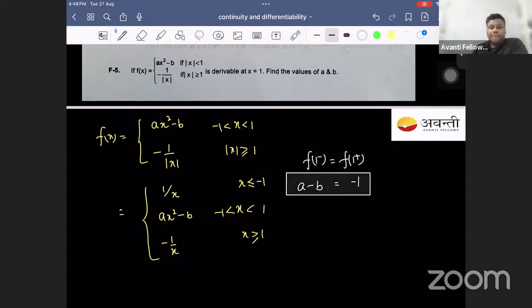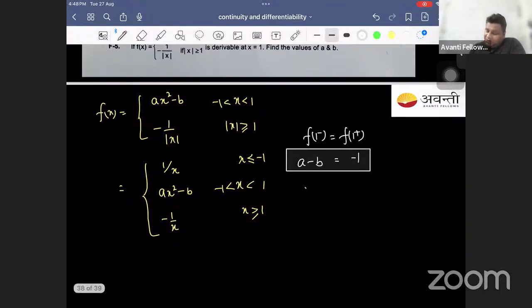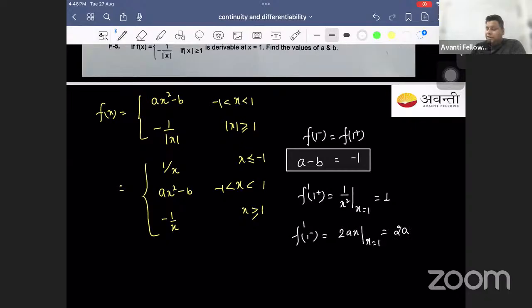Am I clear? Now, for differentiability, f dash 1 plus. See, in the right of 1, derivative of minus 1 by x is going to be 1 by x square. At x equals to 1, it will be 1. Am I clear? Now, f dash 1 minus. In the left of 1, derivative is going to be 2ax. So it is going to be 2a.